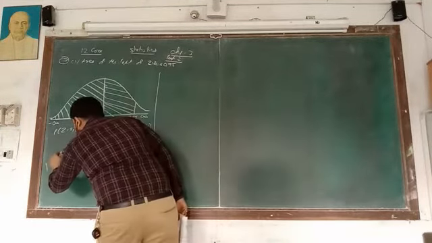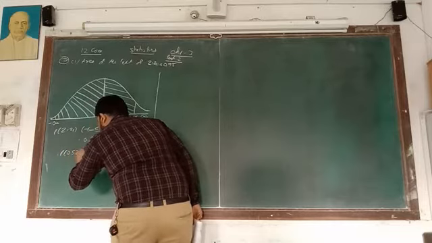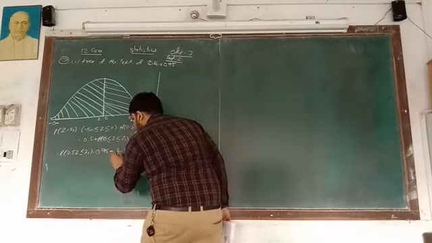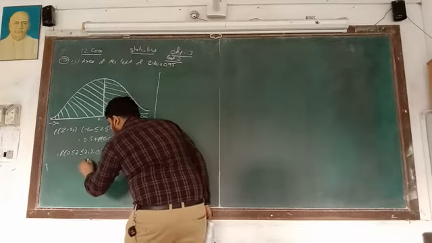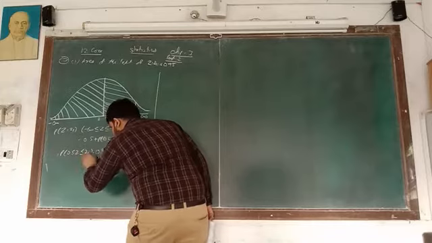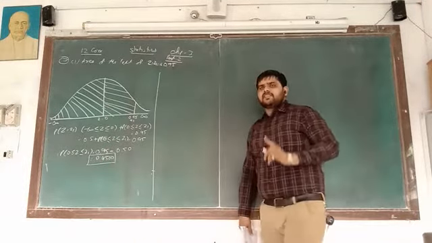So P(0 < z < z1) is equal to 0.95 minus 0.50. So the value is 0.45. So this is the first answer.